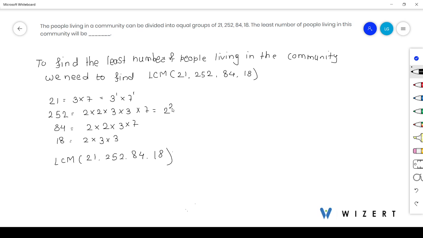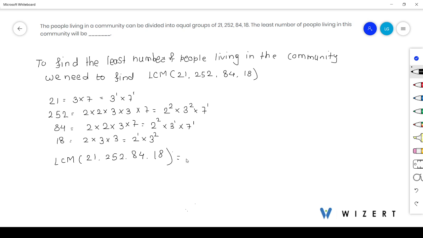Here 2 to the power 2, 3 to the power 2, 7 to the power 1. Here 2 to the power 2, 3 to the power 1, 7 to the power 1. And for 18, it is 2 to the power 1 into 3 to the power 2.